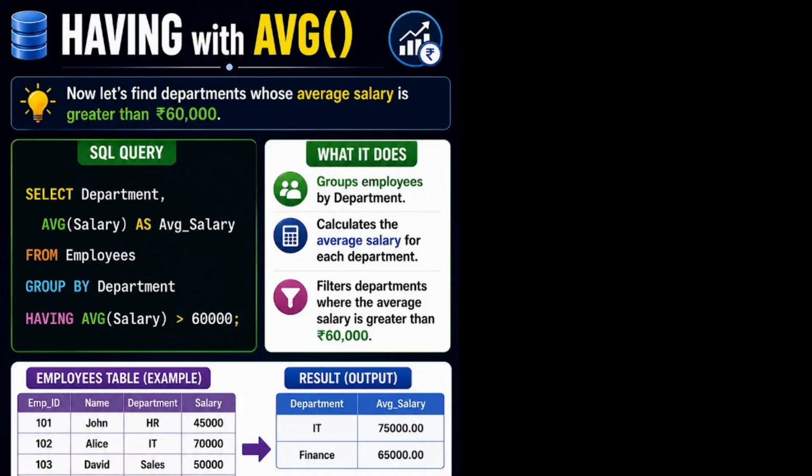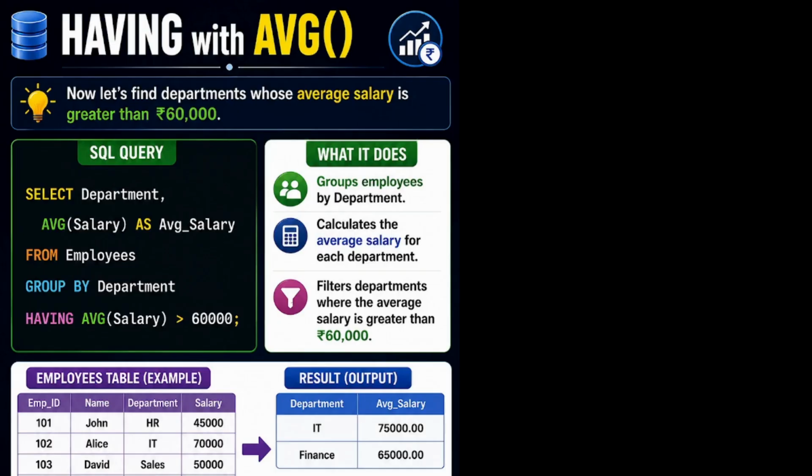Next we can see having with the average function. The average function is used for finding the average of records, and here we are grouping the average of records using some column like department. For example, let's find the departments where average salary is greater than 60,000.